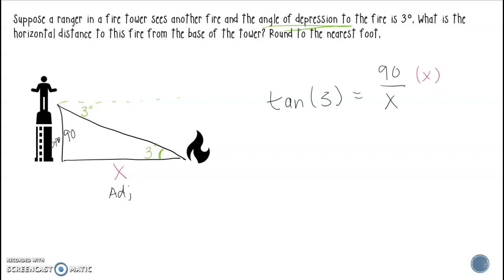We'll multiply both sides by x. So x tangent of 3 equals 90. And we'll divide by the tangent of 3.